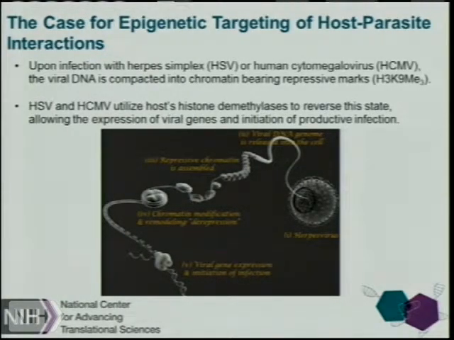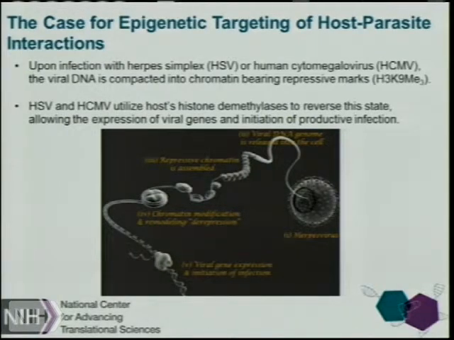And then, in turn, the virus uses the host demethylation machinery to remove those repressive marks, to affect demethylation, and therefore to reactivate itself from latency or to proceed through with productive infection and transcription of its immediate early genes and so on.